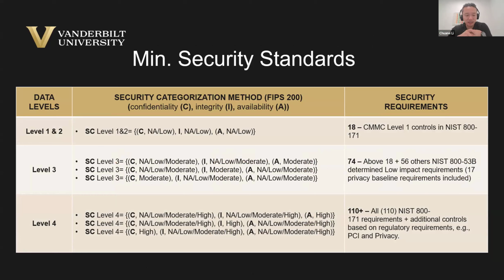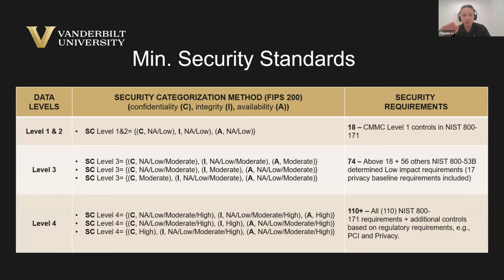The minimum security standard was developed with NIST 800-171 as guidance and FIPS 200 as the methodology. It's very boring, the stuff the government makes us do to stay compliant. But our goal is simply to take all the controls the government mandates and map them to different types of data.